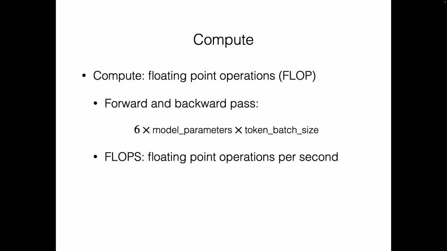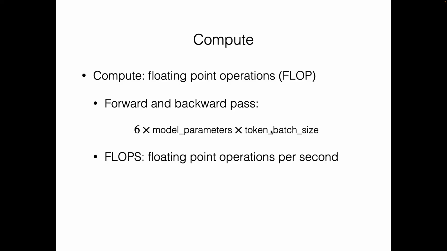So then you can actually count up the exact number of floating point operations that are involved. And then here's just one rough but widely used approximation. The amount of compute that you're using is 6 times the number of model parameters. And then the batch size will add a multiplier. So if you double your batch size, then that will double the amount of compute that's being used.